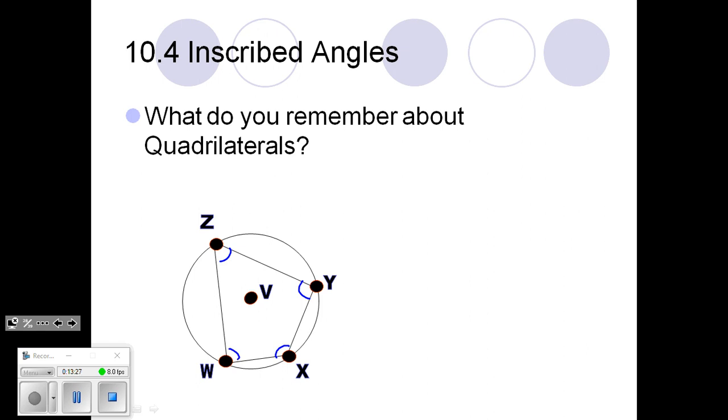Well, if I give each one of these its own color, so I give angle Y red and angle X green, and I guess W is going to be black.